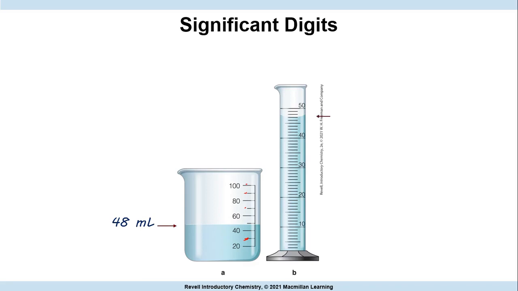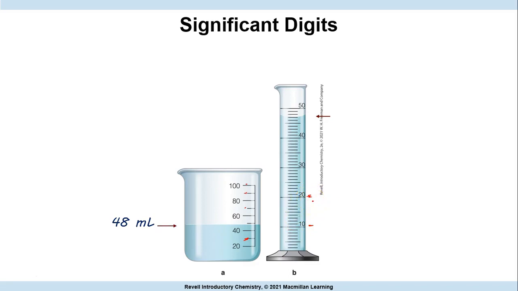Now, if we look at the graduated cylinder, we are looking at the lower meniscus here. We see the graduations between, for example, 10 and 20: we have 10 graduations, 1, 2, 3, 4, 5, 6, 7, 8, 9, 10.